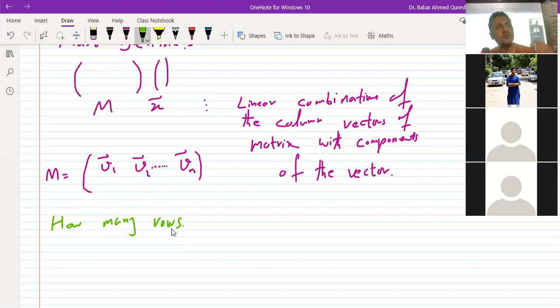Let's suppose each column has m entries. So m is the number of rows in your matrix. So the number of rows is equal to the dimension of these column vectors.